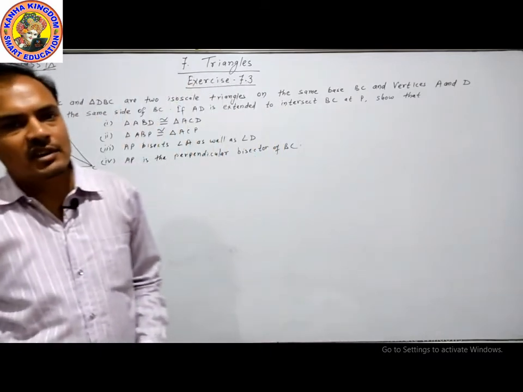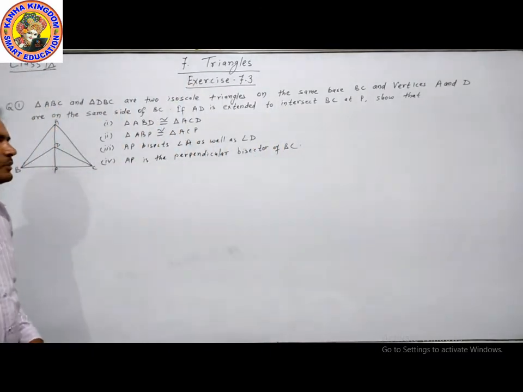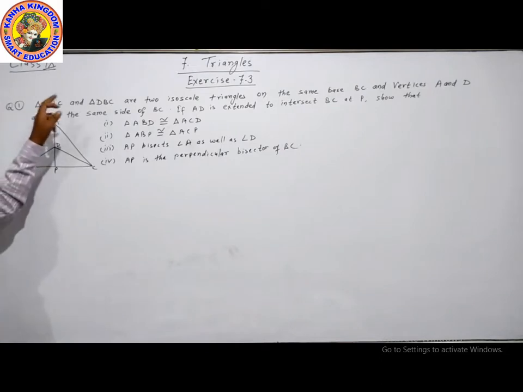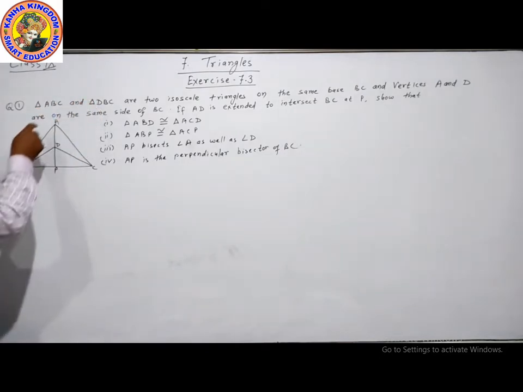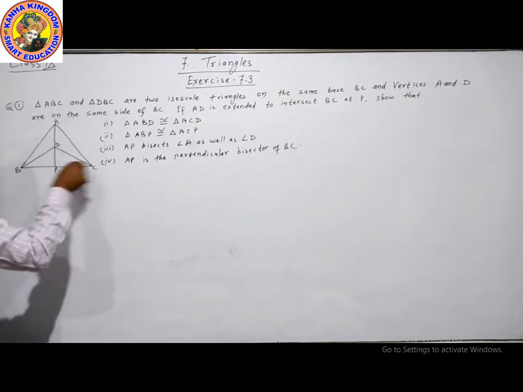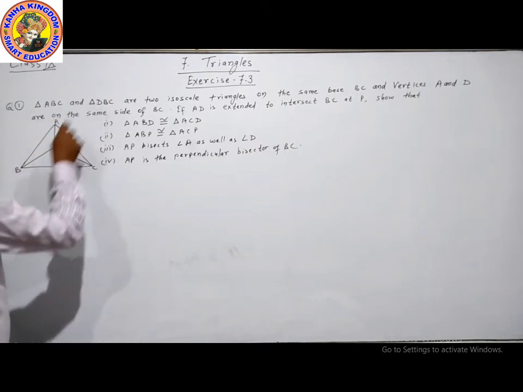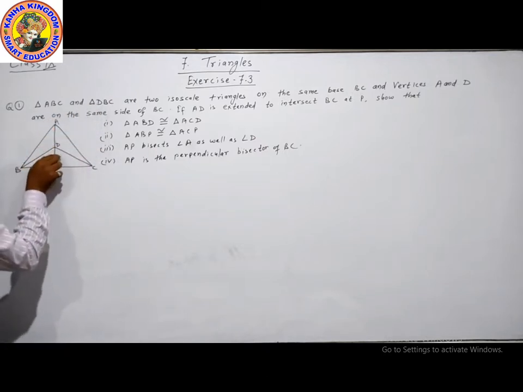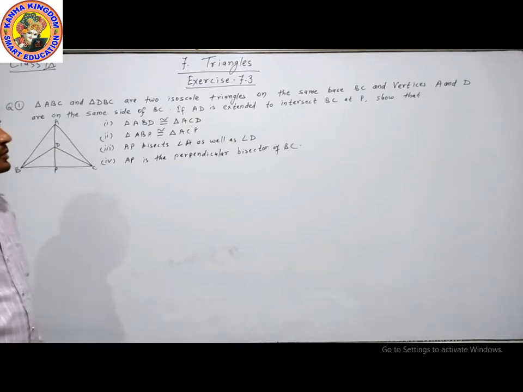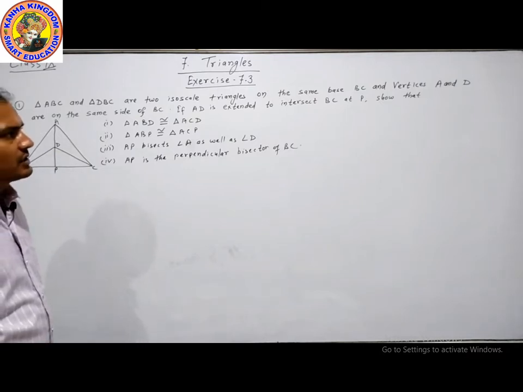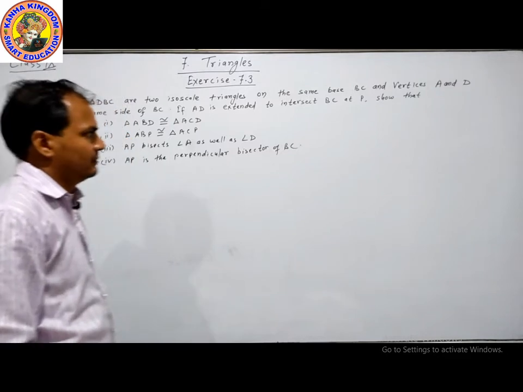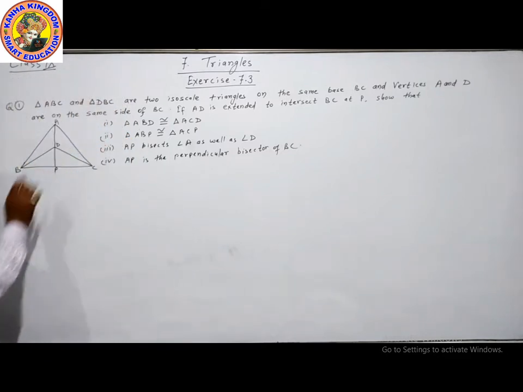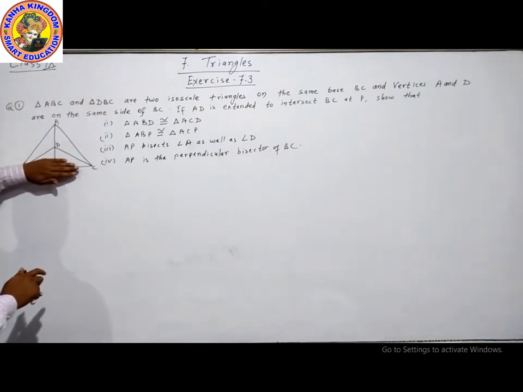So students, our next exercise is exercise 7.3. Question number first, triangle ABC and DBC. ABC, this large triangle, and DBC, this triangle, are two isosceles triangles on the same base BC. On the same base BC, same base. So this base will not be equal to any sides.